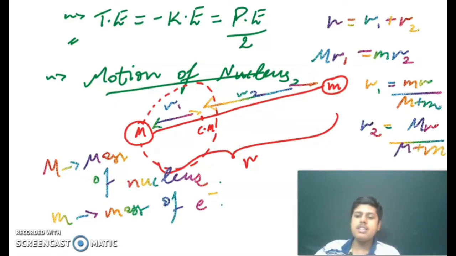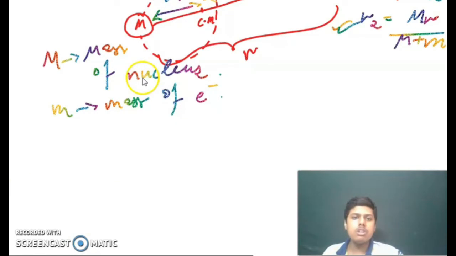Now you can very easily remember this: in r1, the mass which is away from it is small m, so we will use small m here, while in r2 the mass which is away is capital M, so we will use capital M here. These were the two formulas. Now let us move forward.